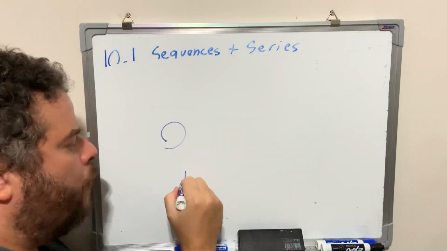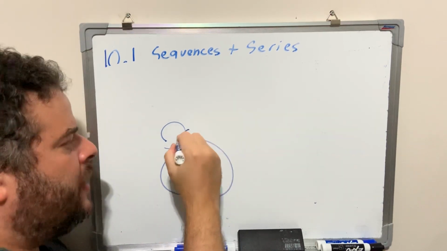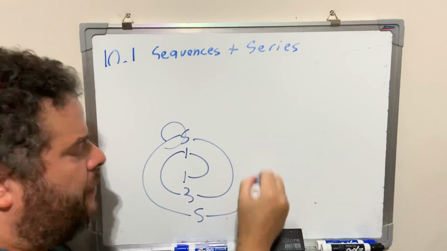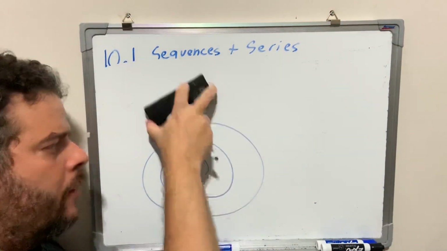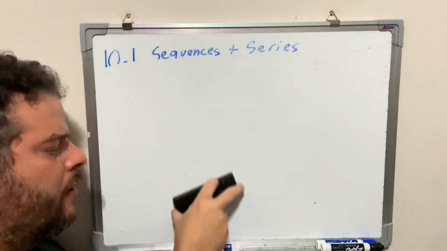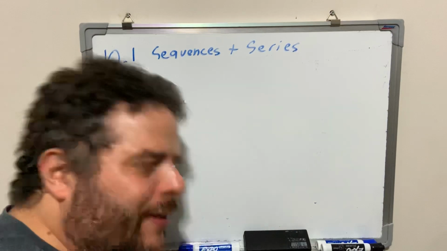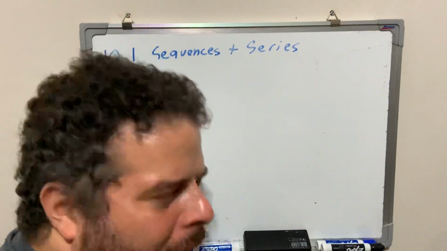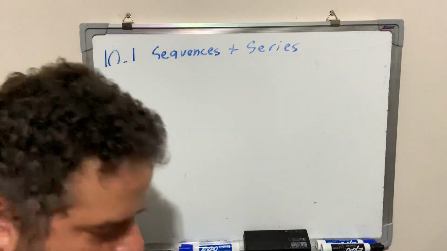So let's say I begin with a 1, I plug it into the equation, it gives me a 3, I plug that 3 in, it gives me a 5, I plug that 5 in, it gives me a 7. That's recursion. Okay, you use the new answer in the exact same process to get a newer answer, and then you use that newer answer, plug it in to find an even newer answer, and so on and so forth.